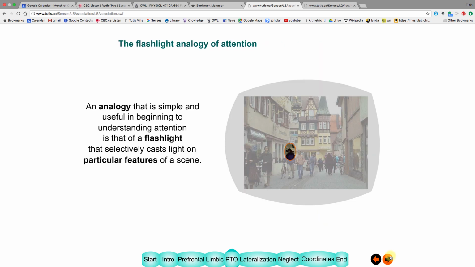And you can think of attention there as the little spotlight that lets information flow from your primary areas to your association areas.